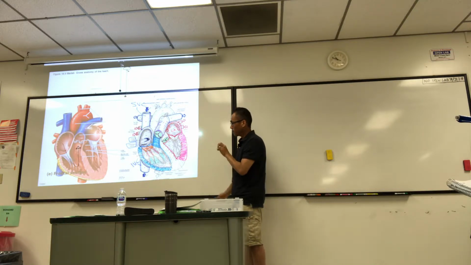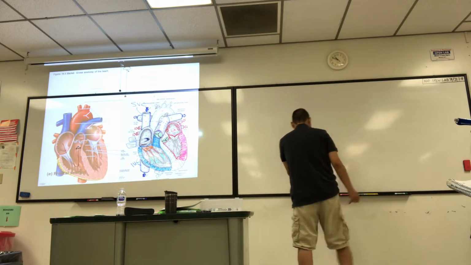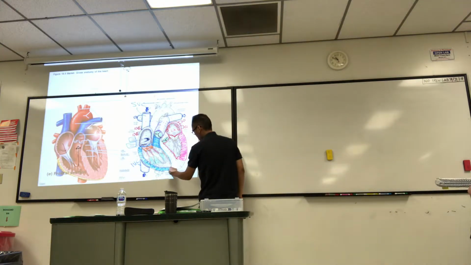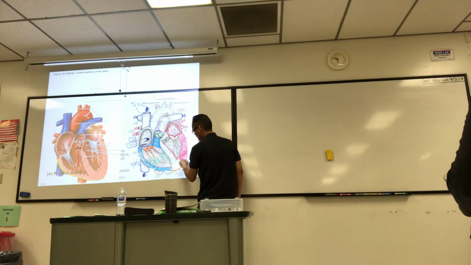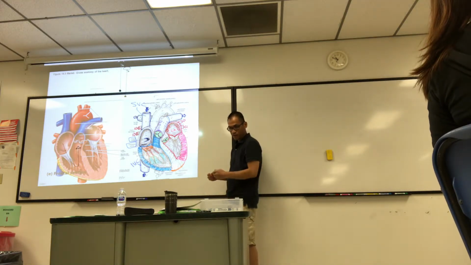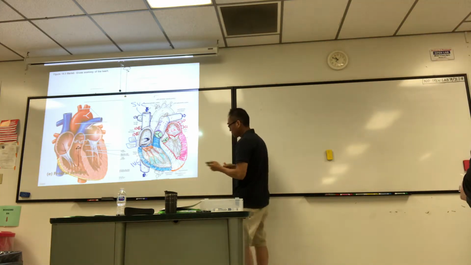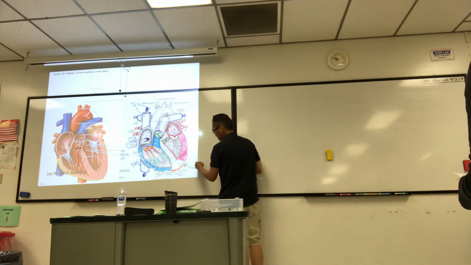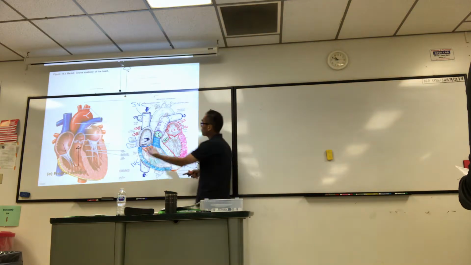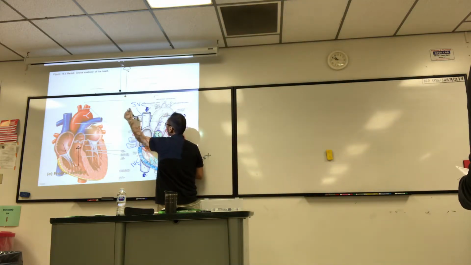Now, there's a big septum right in between. How about I use orange here? When you get to this part there, that's called the apex of the heart. The opposite of apex is base, and it usually refers to all of this big area up here.